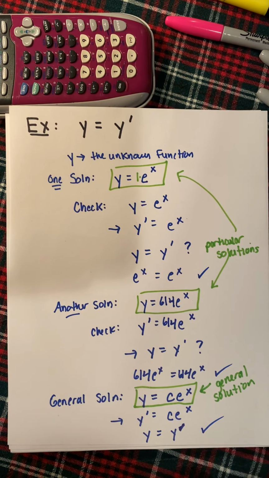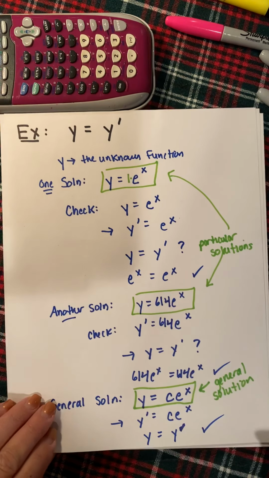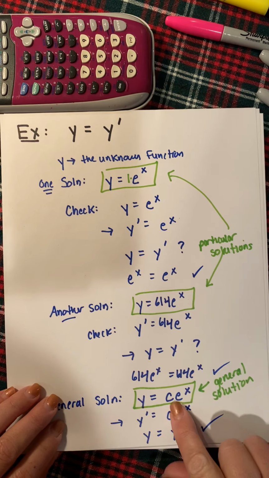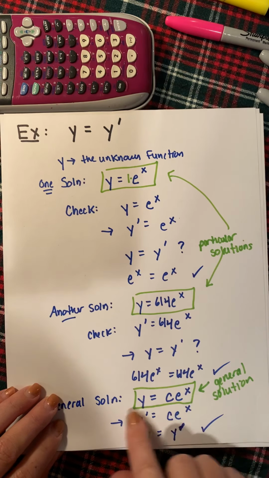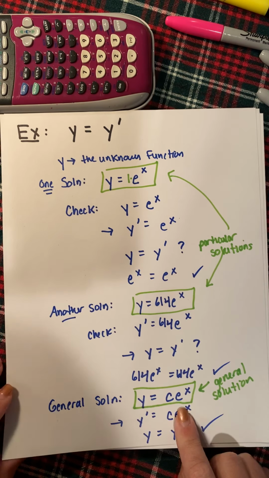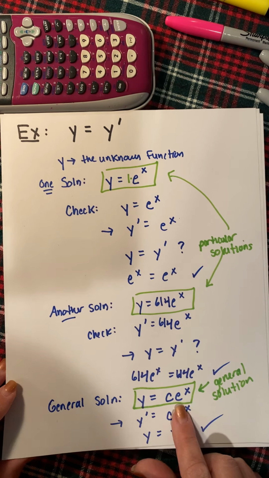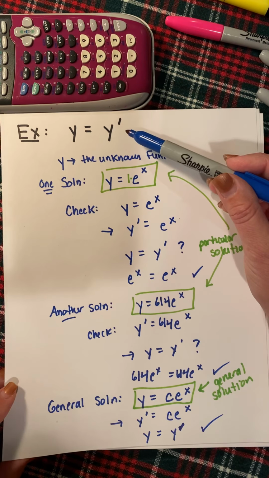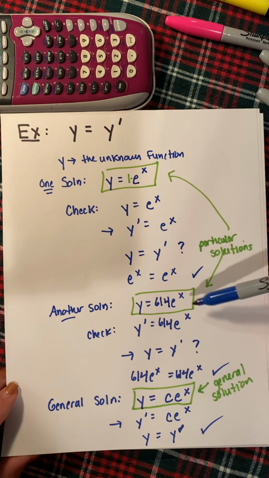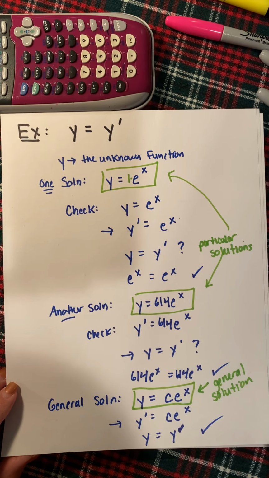So just watch the directions carefully. Do we find a general solution or are we looking for a particular solution? Well, that depends on the information that's given, and we'll get to that in a moment. So a general solution involves unknown constants because this is actually what we call a family of functions. It's an infinite collection of functions. y equals any constant times e to the x will solve the original differential equation. And here are two particular examples from that infinite collection, that family of functions.